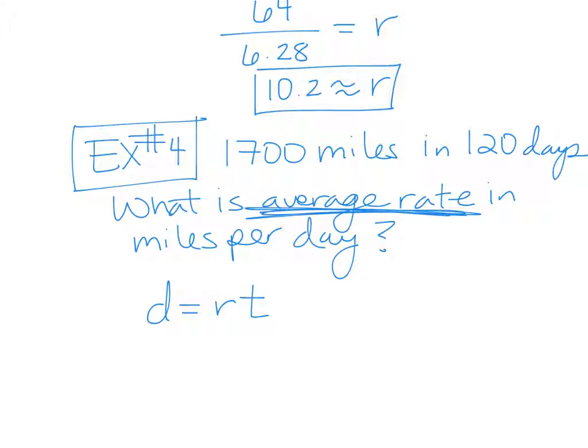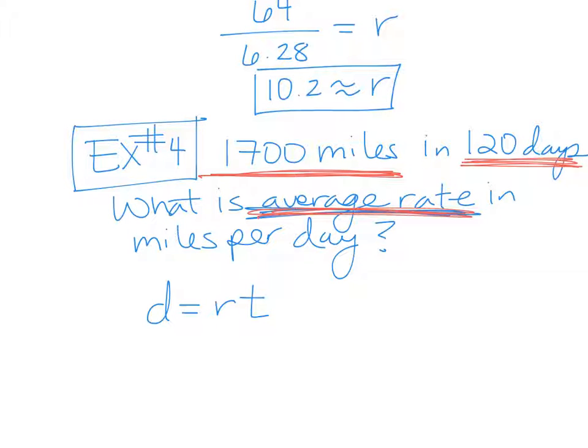So we're trying to get R by itself right now. What number represents D right now? Distance. 1,700 miles is our distance. What's our time? 120 days, right?